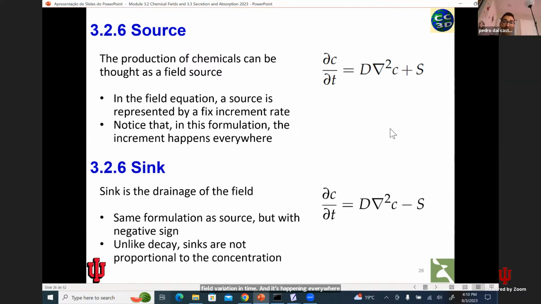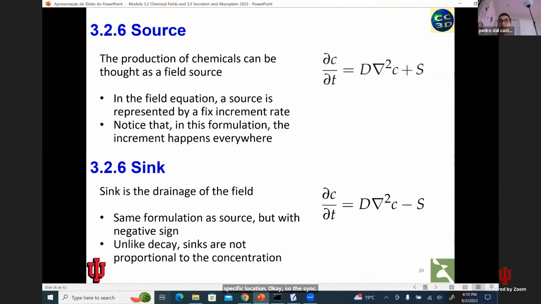And the sink is the same, but the opposite sign. So if something is sinking, you are losing at a constant rate. But unlike decay, this is not a decay, by the way. This is very different from a decay. A sink is not proportional to the value of the field at the specific location. The sink is a constant rate.